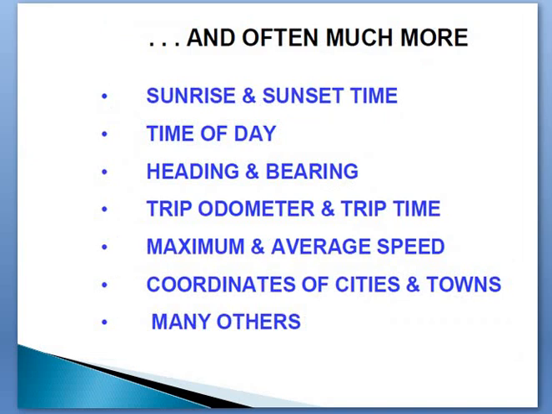Moreover, it often shows us the sunrise and sunset time, time of day, heading and bearing, trip odometer, trip time, maximum and average speed, coordinates of cities and towns, and many others.